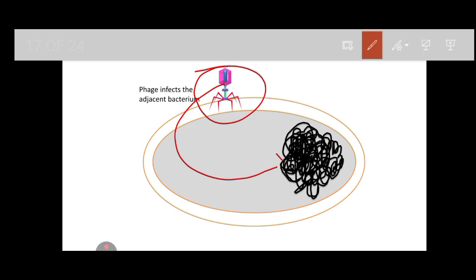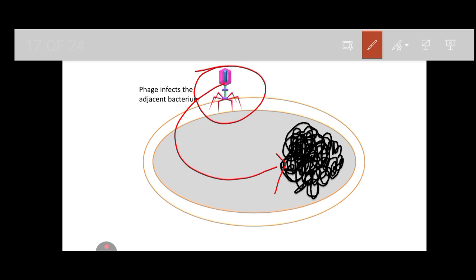This is also a type of transfer of genetic traits between bacteria. Bacteria 1 and bacteria 2, the populations may be different, but the virus is acting as a tool to transfer the genetic material from one bacterial population to another.